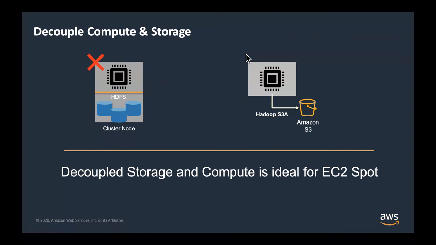However, if you are decoupling the compute and storage and storing it externally in something like Amazon S3, even if you lose the compute, the node, the machine, the data will still be alive in S3. And once you restart one more node, you can start that job wherever you left off with the same data. So this is one of the huge advantages of decoupling compute and storage, and that is why it is most ideal for EC2 Spot.